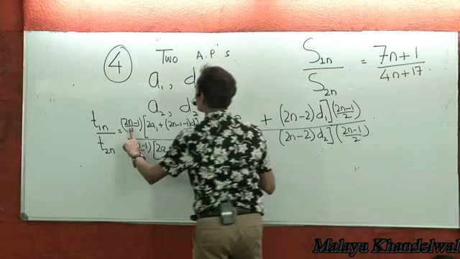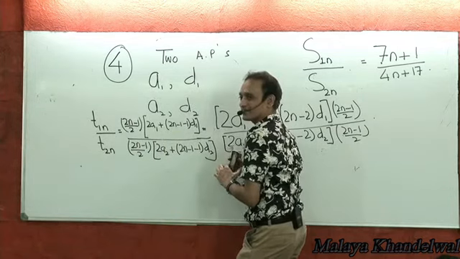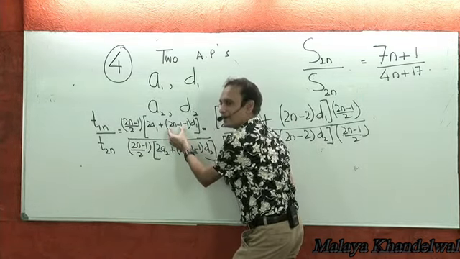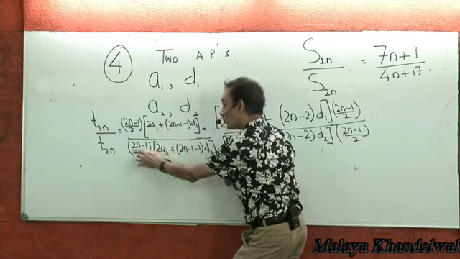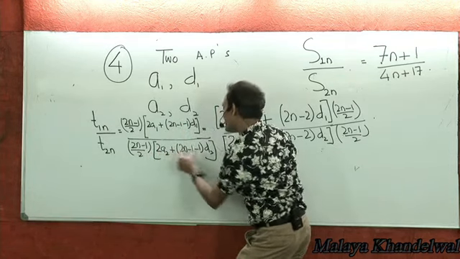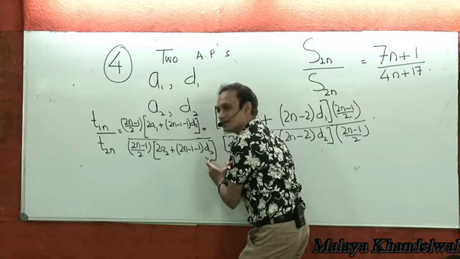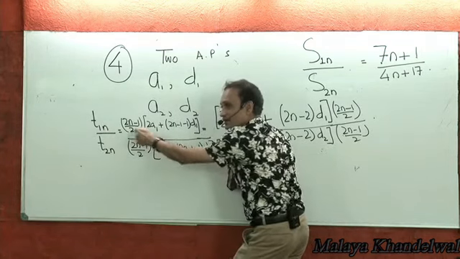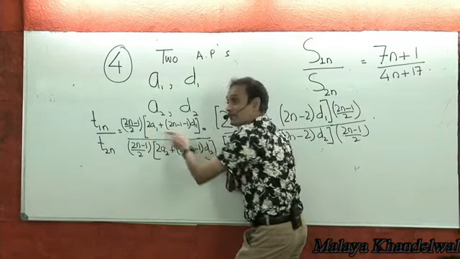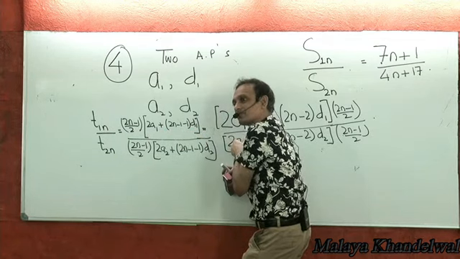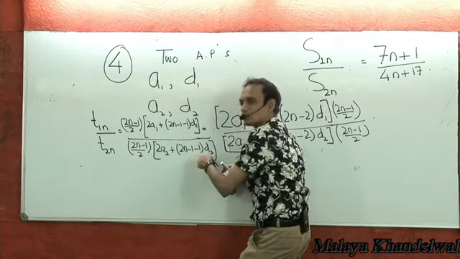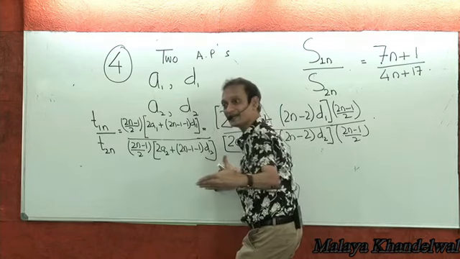Absolutely. What's the numerator? Sum of the first 2n minus 1 terms in the first AP. What is the denominator? Sum of the first 2n minus 1 terms of the second AP, is it not? The numerator is the sum of the first 2n minus 1 terms of the first AP. This is the sum of the first 2n minus 1 terms of the second AP.